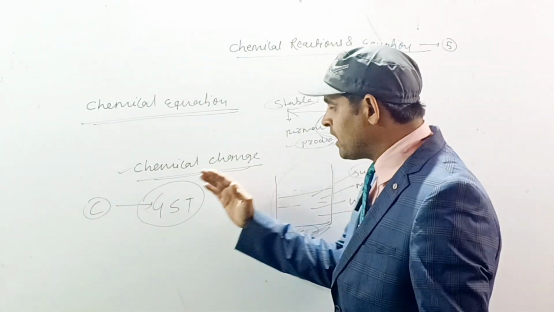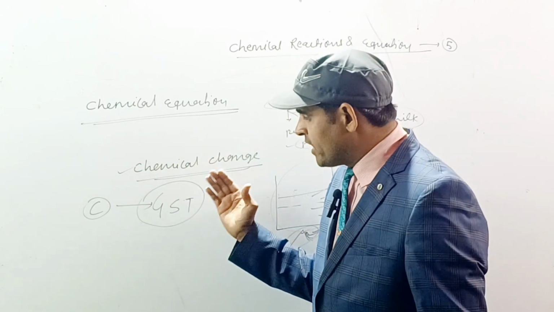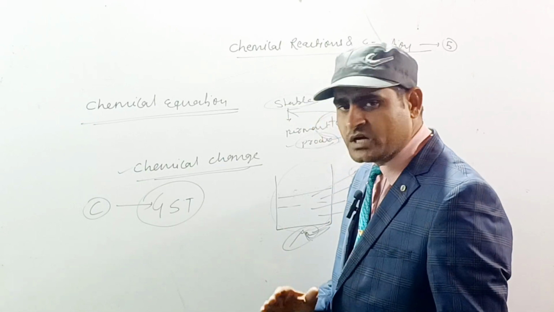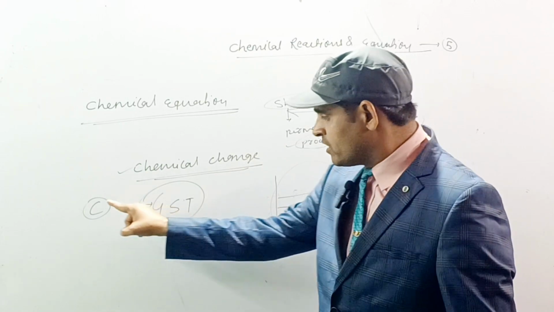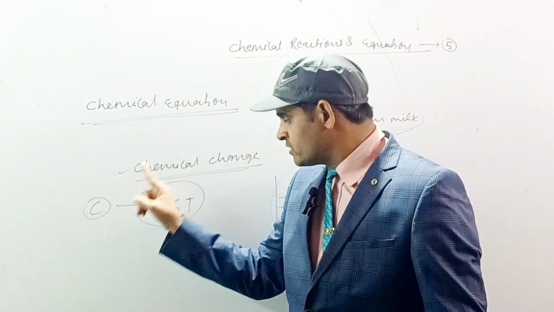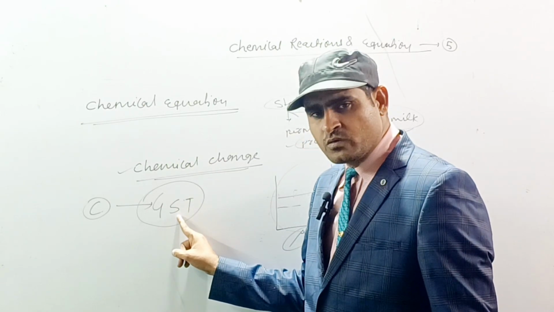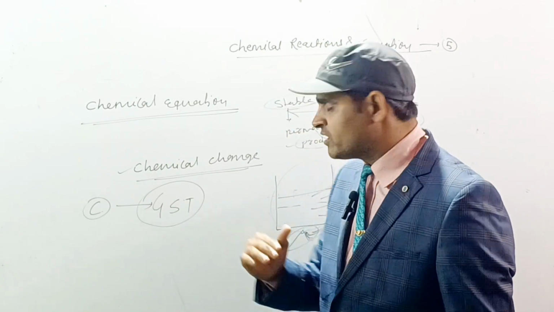These parameters are involved in a chemical change. So you have easily learnt what a chemical change is: color change, gas release, formation of a new compound, and temperature change.